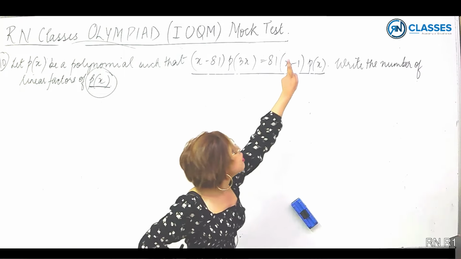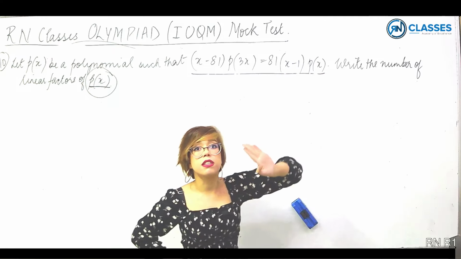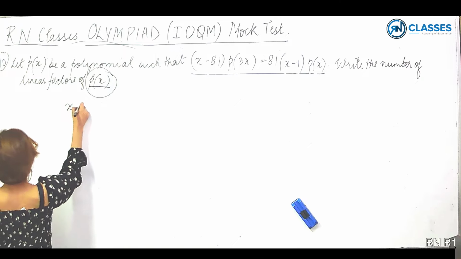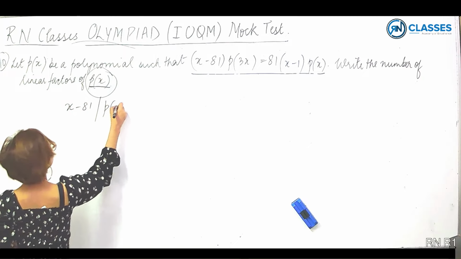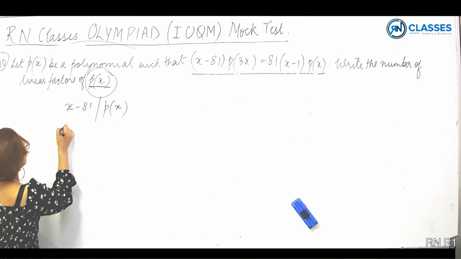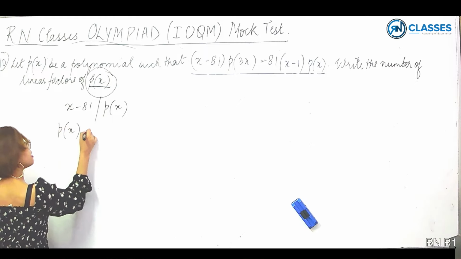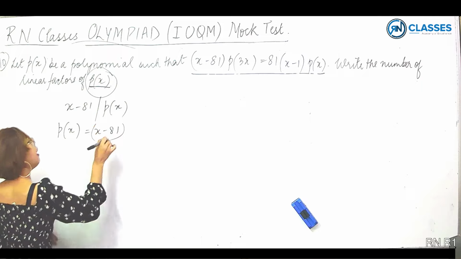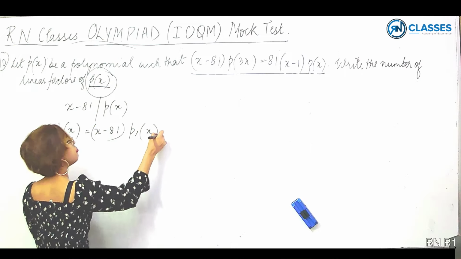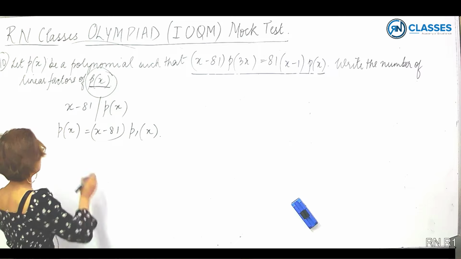It does not divide this. That means it has to divide P of x. At least you know one thing, that x minus 81 divides P of x. One linear factor of P of x you know. Right? Okay. So that means P of x is x minus 81 into another polynomial which I don't know. Can we call it P1 of x?